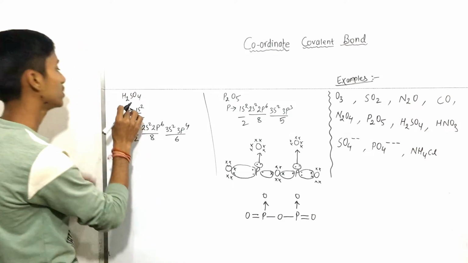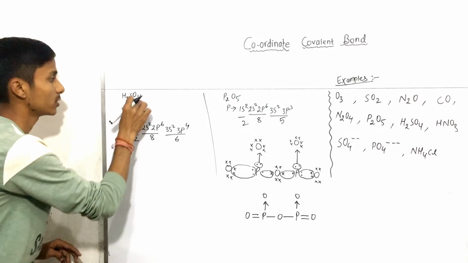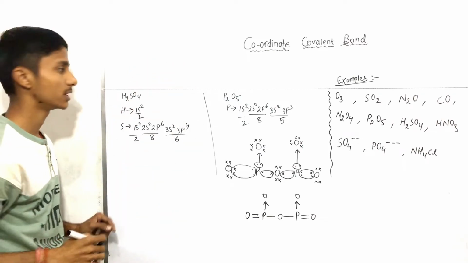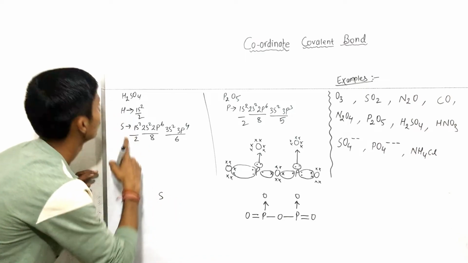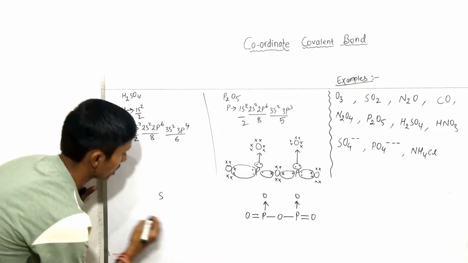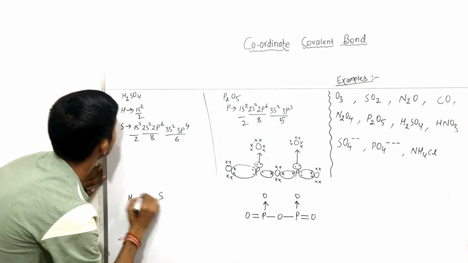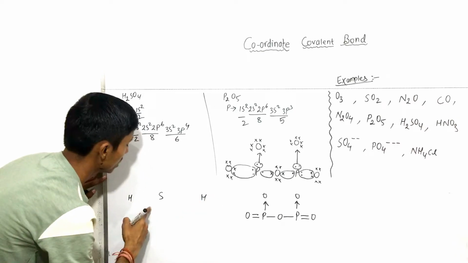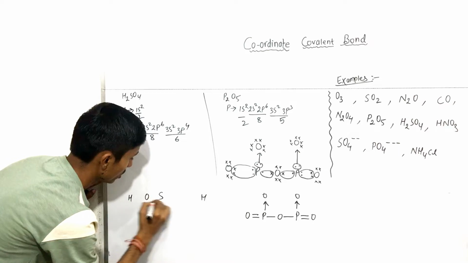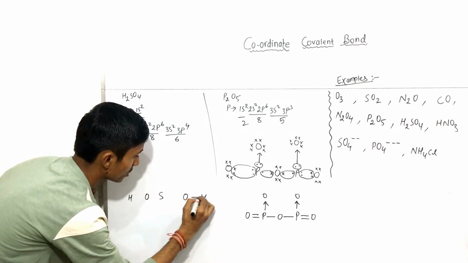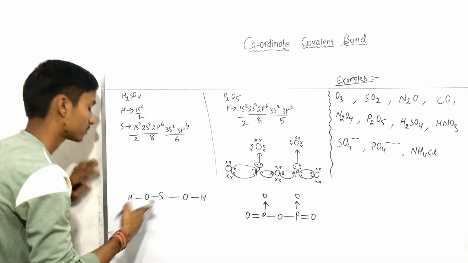So here now we just arrange hydrogen, sulfur and oxygen in such a way so that coordinate covalent bond gets formed. So here one sulfur atom, 4 oxygen atoms. So here 1, 2 hydrogen atoms and 1, 2, 3, 4 oxygen atoms. One bond completed, one bond completed here.